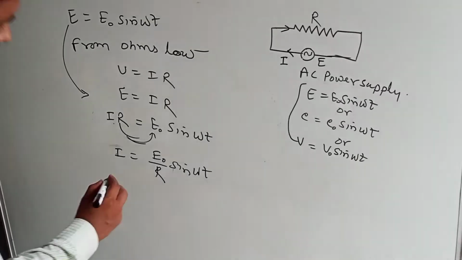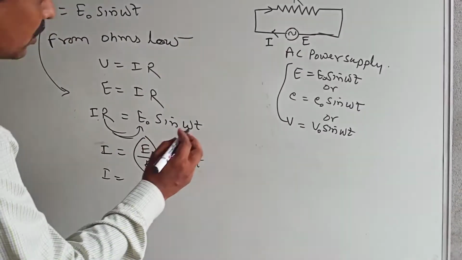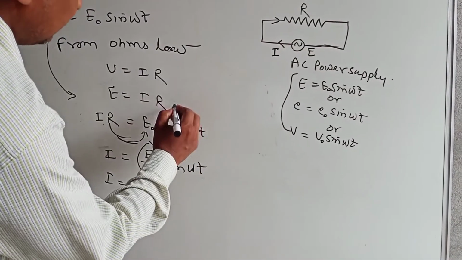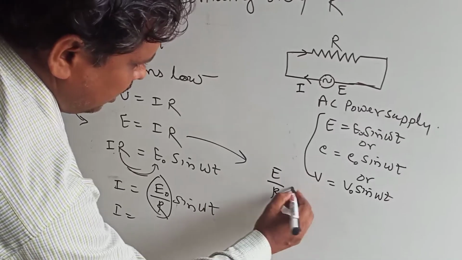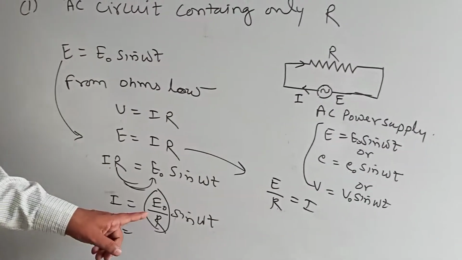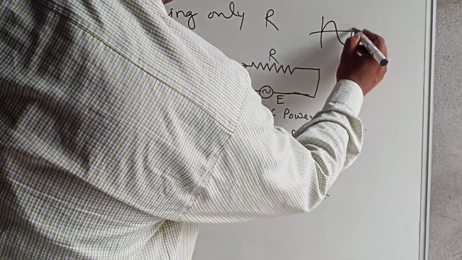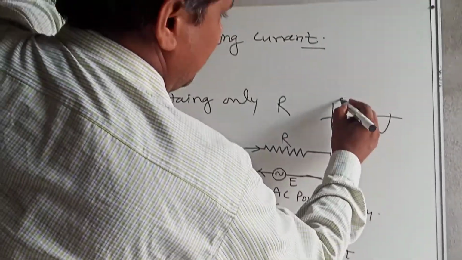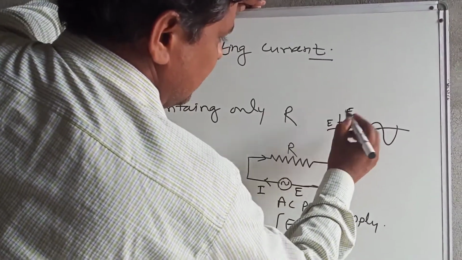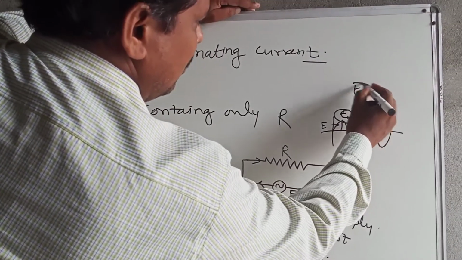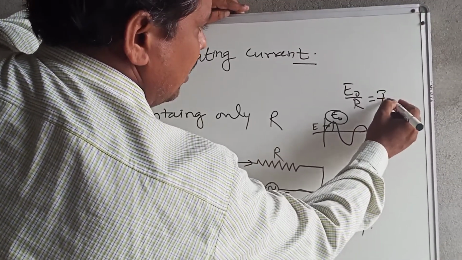Now E upon R is equal to I. Here E naught is the peak value of the potential, and E naught upon R is equal to I naught.